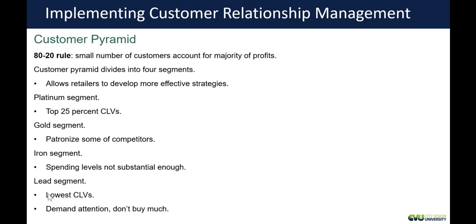So in order to do that, we separate again. We think about that lifetime value. We have the top 25%, and then we have the gold segment, whose customers are going to come to our store and go to somebody else's store, right? From the top 25% of lifetime values, we then go from 26% to 50%, that would be the gold segment.